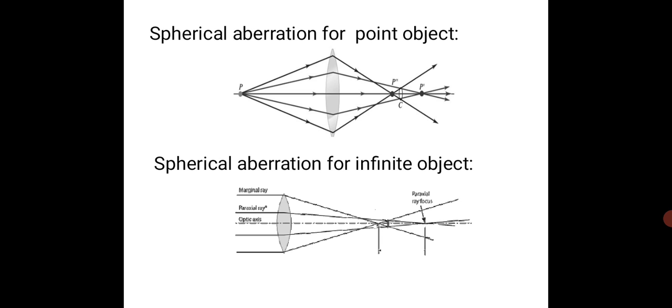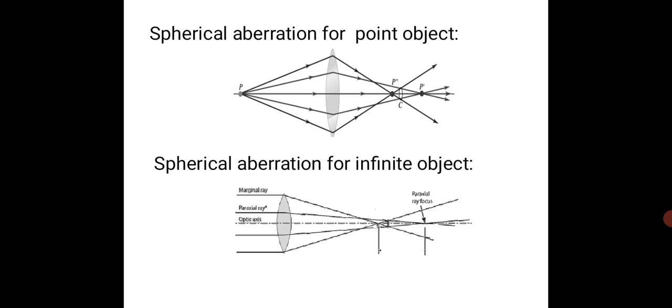Similarly, if we have an infinite object, then the incident rays will be parallel to the principal axis. So when they fall on the lens, again they are going to meet at different positions. Marginal rays meet on the principal axis near the lens, and paraxial rays meet far away from the lens after passing through it.